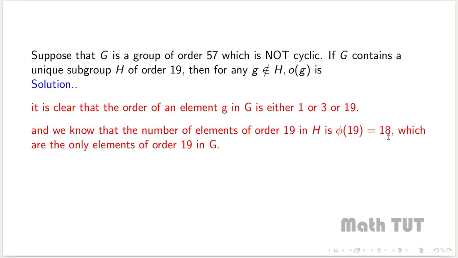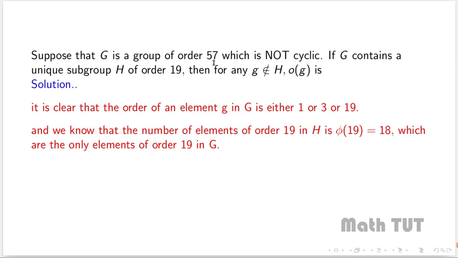So we have a total of 18 elements plus the identity element in H, and the identity element obviously has order 1, and all other elements in H have order 19. This is the unique subgroup of order 19 in the group G having order 57.